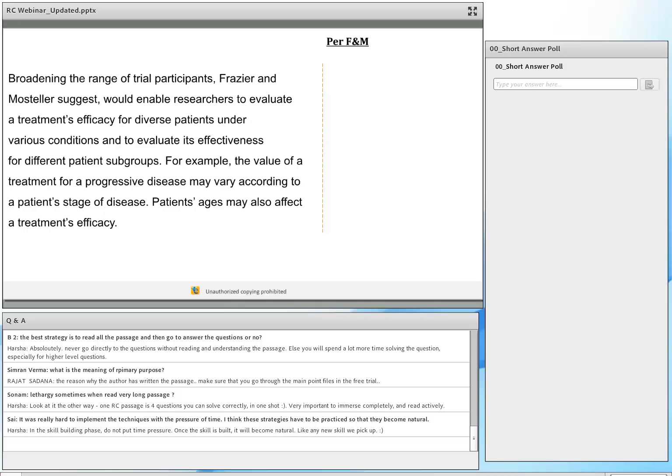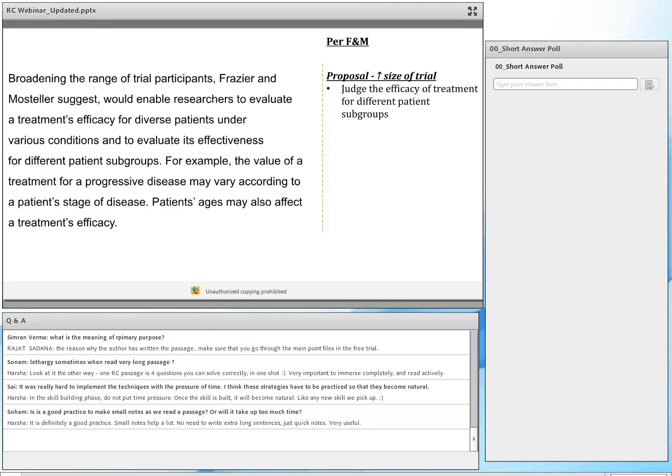The author says, broadening the range of trial participants, FNM suggests, again, it's not the author's suggestion, it's FNM, broadening the range of trial participants would enable researchers to evaluate a treatment's efficacy under various conditions and for diverse patients under various conditions, and to evaluate its effectiveness for different patient subgroups.